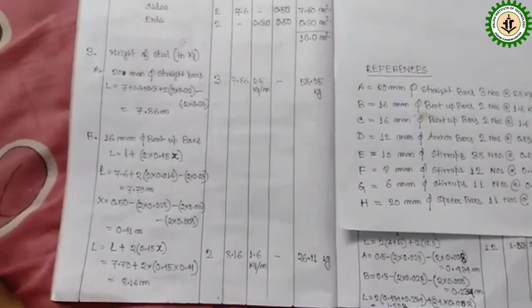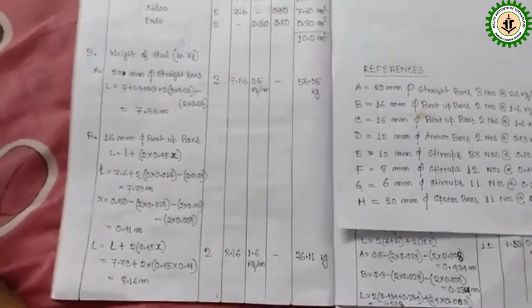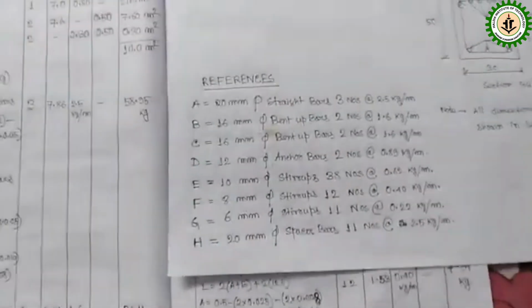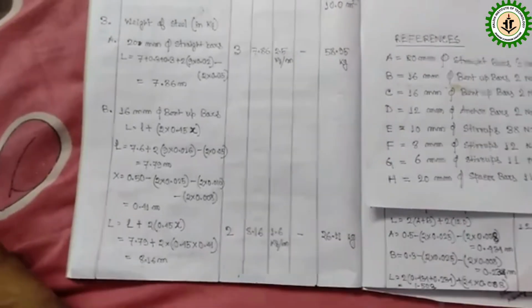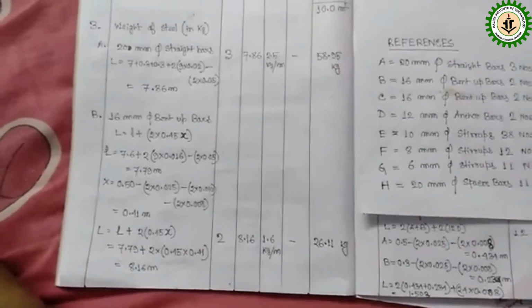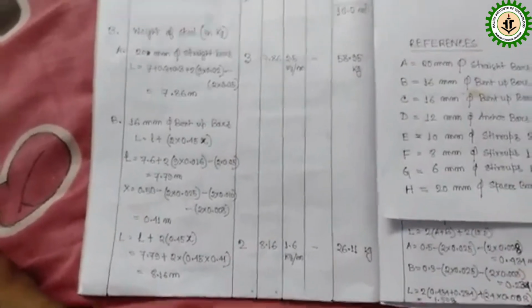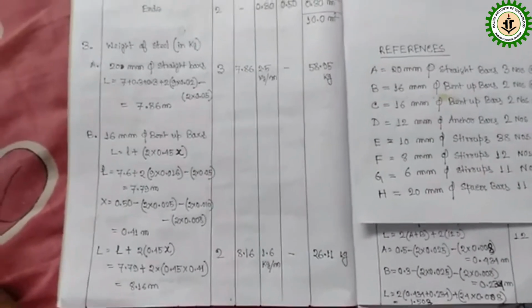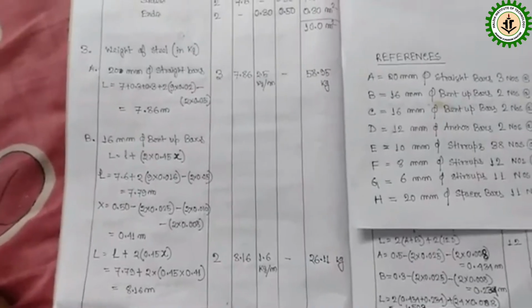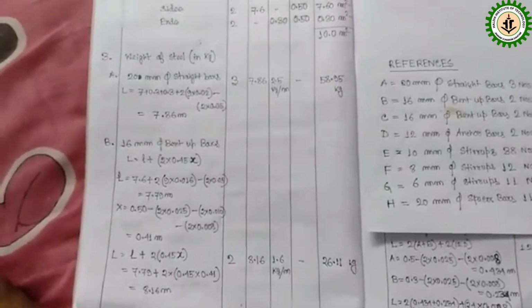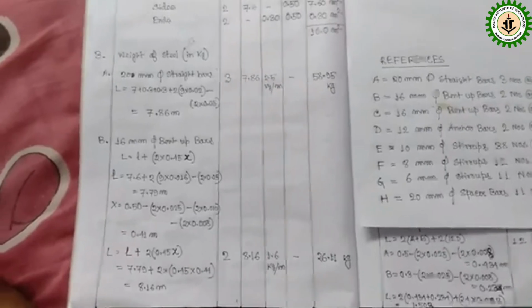We know the unit weight that is given in our reference, that is 1.6 kg per meter. By this we can easily determine the total weight of the bent up bar or crank bars. After multiplication we got 26.11 kg. So this is the total weight of our type B bent up bars.